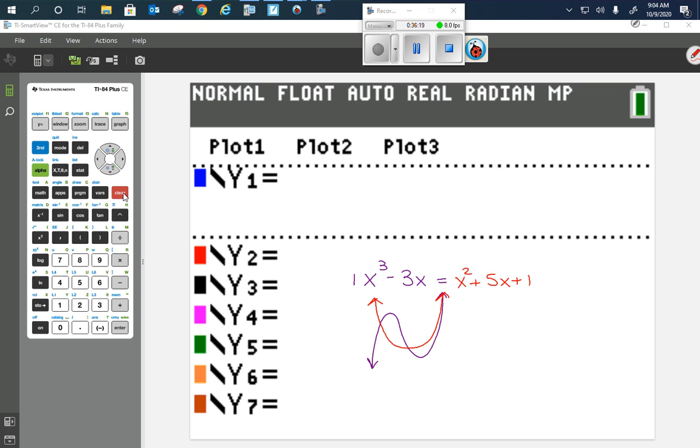Yeah, it's where they cross each other, okay? And this parabola, way out far, is probably going to cross over like that. So what are you really looking for? Not zeros, but where they intersect. You're looking for these places on your calculator.